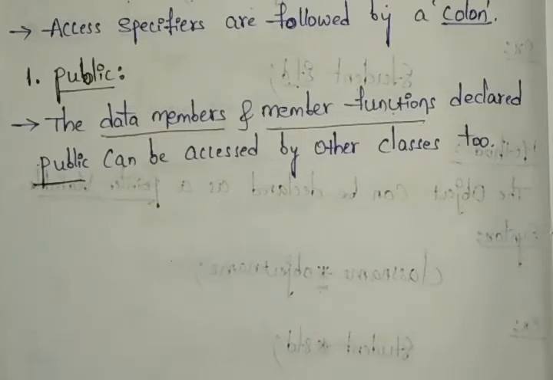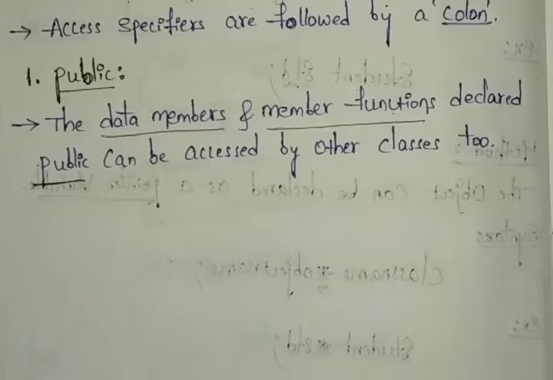Whatever data members and member functions you declare in the public manner, anyone can use those, and they can be accessed by other classes also. Not only for that class, but in one program we can create a number of classes.